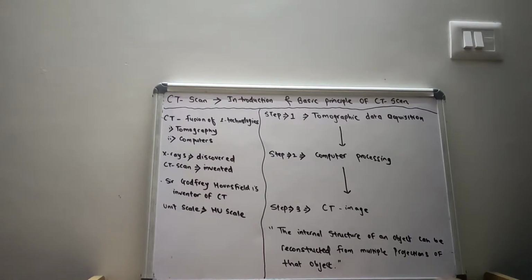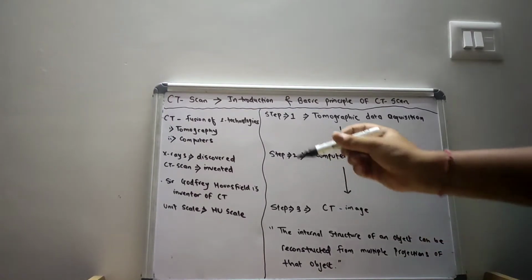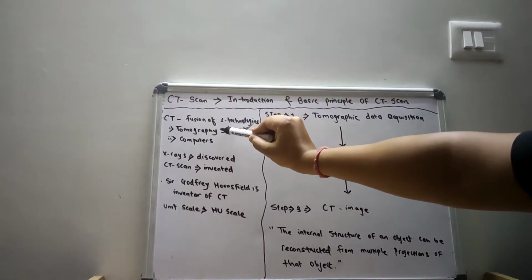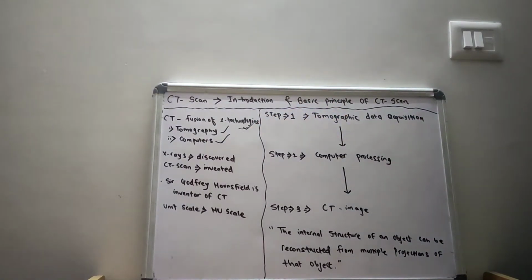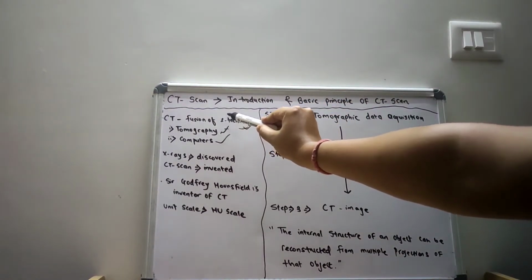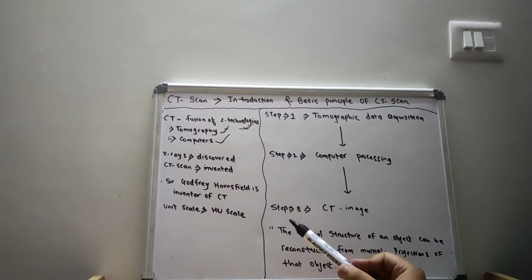So CT scan, also known as computed tomography, is basically a fusion of two technologies. The first technology is tomography and the second technology is computers. In tomography, an X-ray based imaging technique was developed to acquire sectional images of the body.